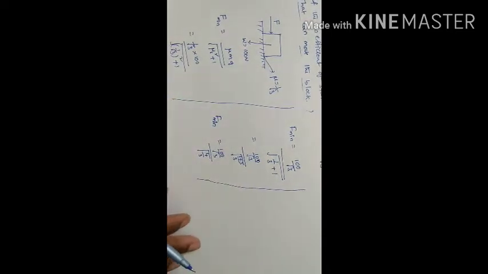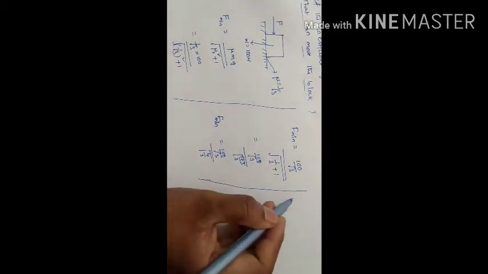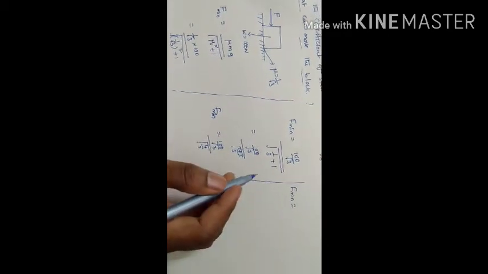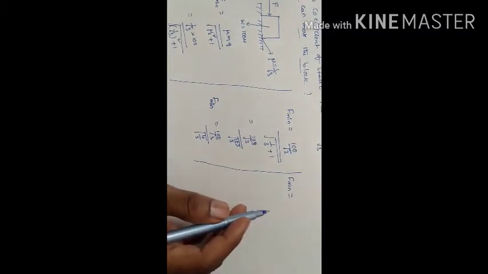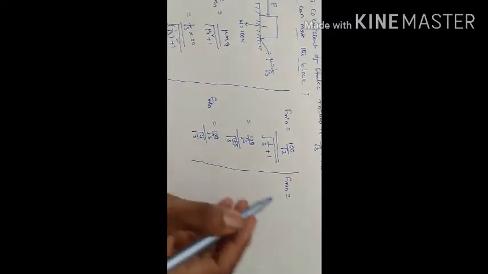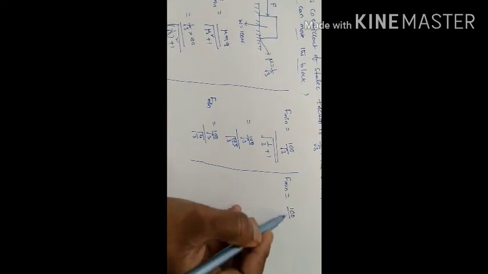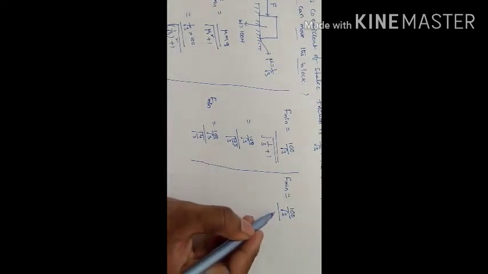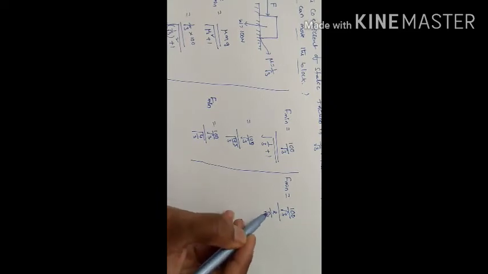Now let us take the reciprocal. F minimum equals 100 by root 3 divided by root 4 value, that is 2 by root 3.